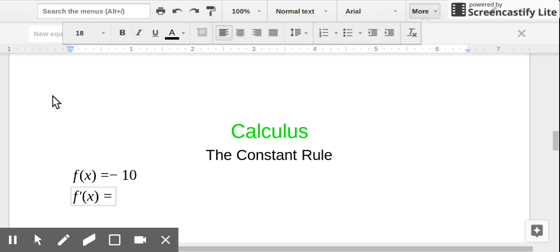So remember that the derivative of a constant is 0. The derivative of a constant is 0.